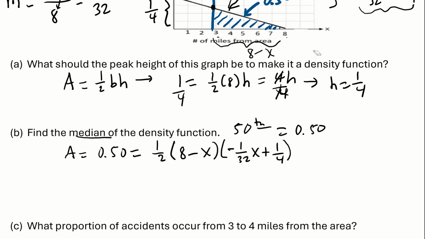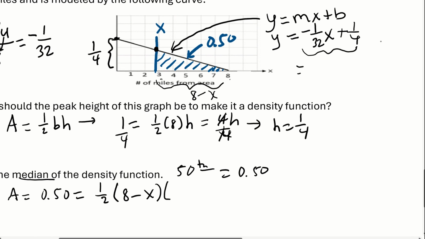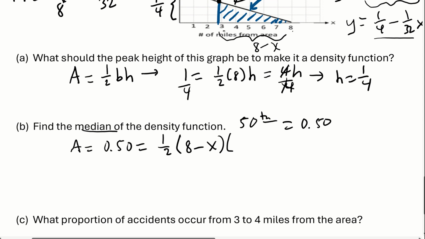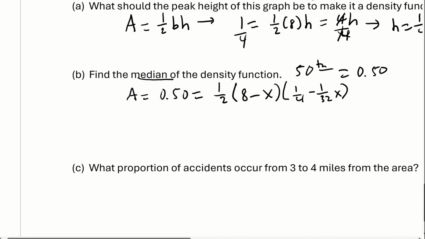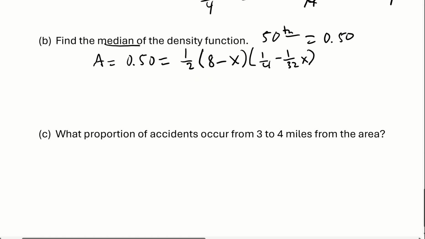I'm going to rewrite this as 1/4 minus 1/32x, because I like the positive number to be first. There's your equation.